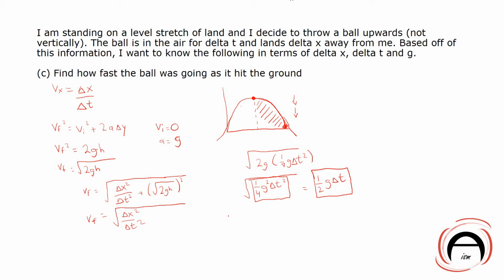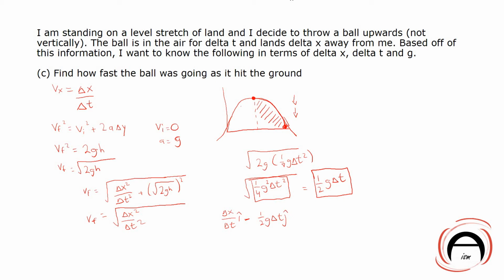But you see the difference when you put them in unit vector form. You have your delta x over delta t, constant all the time, so that's just going to be positive i hat. But you're actually going to have negative 1/2 g delta t, j hat.